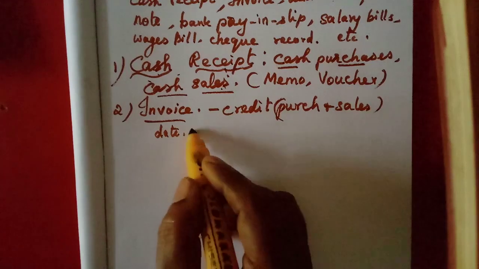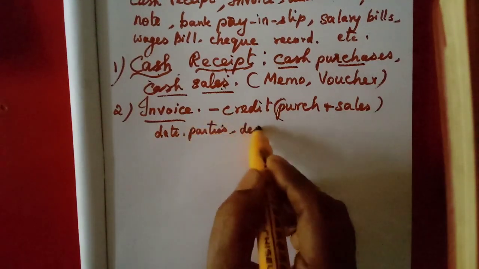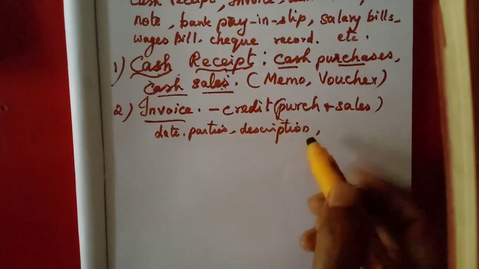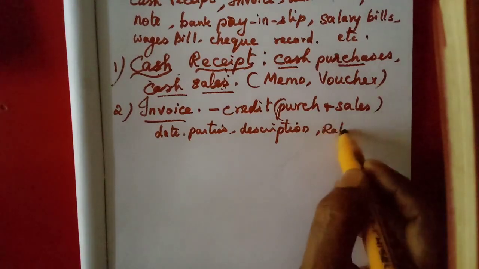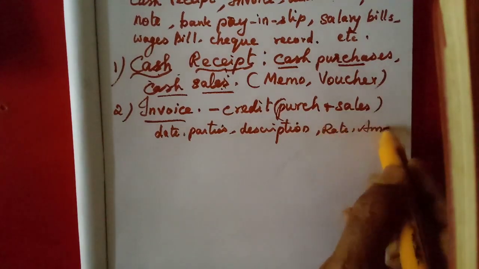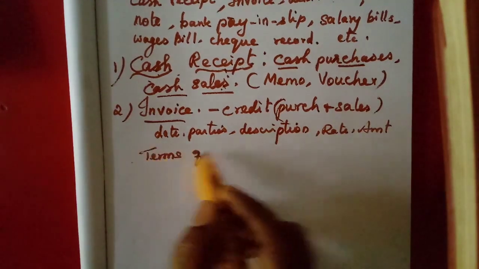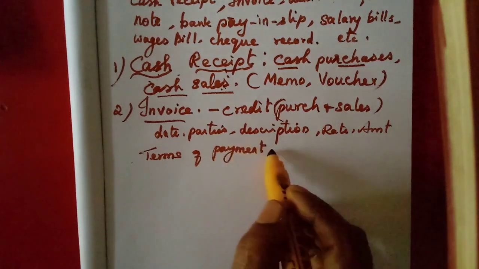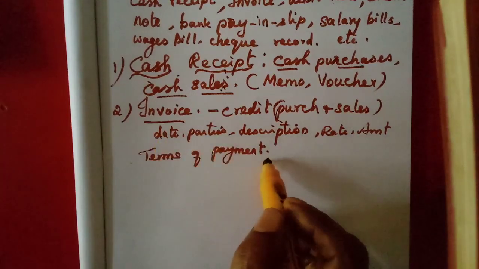Then the parties will be there. Then the description of the goods we are selling. Description and rate, then amount, then term of payment. That means how many months credit period is given. All these details will be there in the invoice.